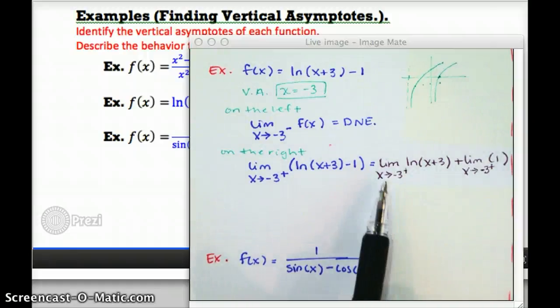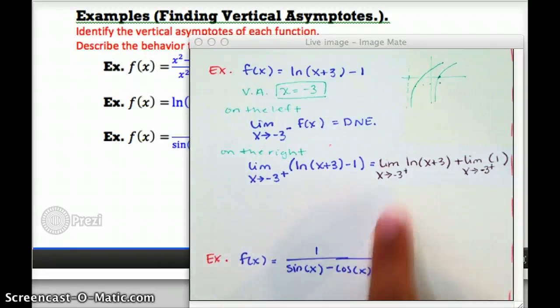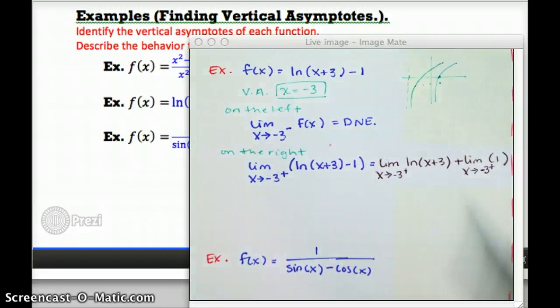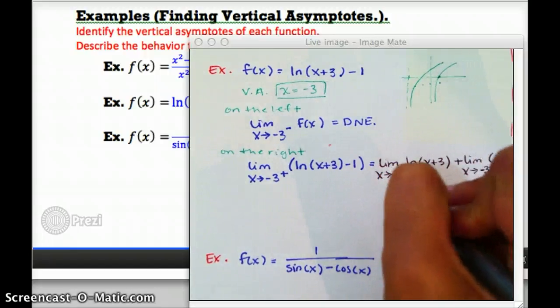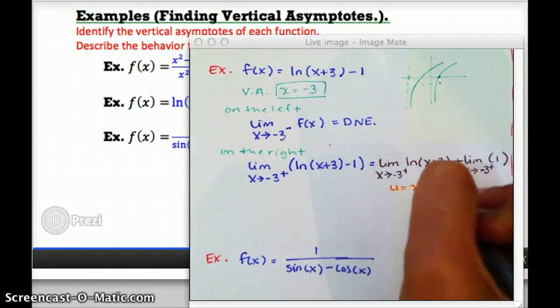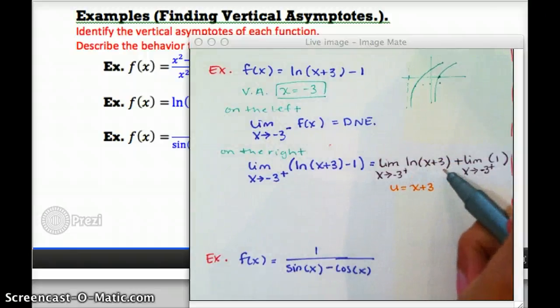Now, for the first limit, this is going to be a little tricky because we can't cancel out x at all, and we still can't plug in -3. So this is where we're going to pull out one of those old tricks. We're going to pull out u substitution. I'm about to evaluate the second limit, but for the first limit, I'm going to say u equals x plus 3 so that I can substitute my variable.